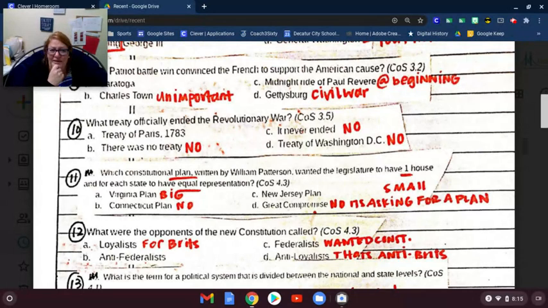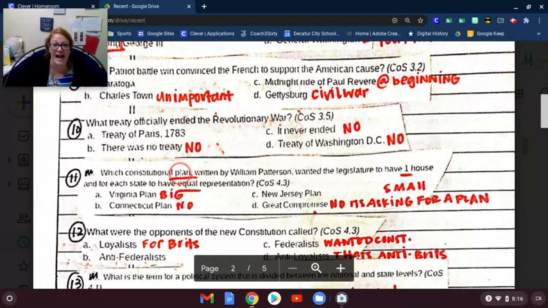So they want it based on population because they get more power. Connecticut plan. Well, I don't know. Who knows? C, New Jersey plan. That's a small state. D, Great Compromise. They try to trick you here because the Great Compromise is what the content that you're talking about. But what does it ask for in the question?